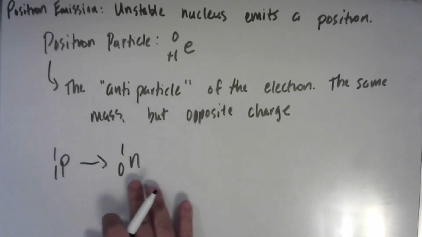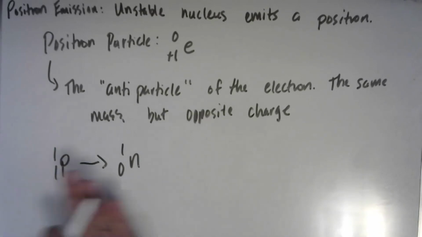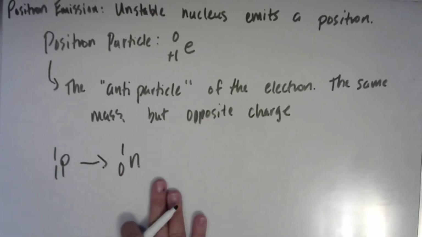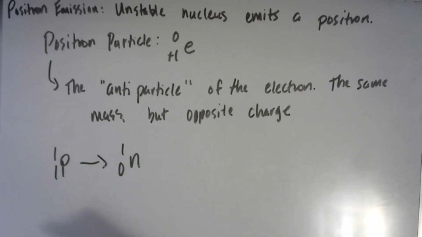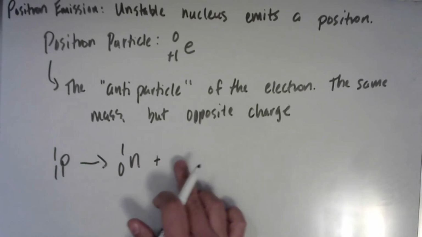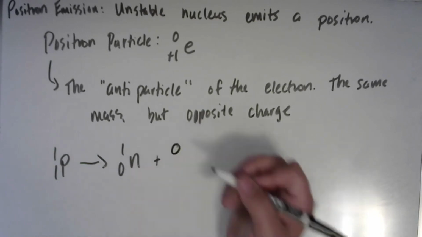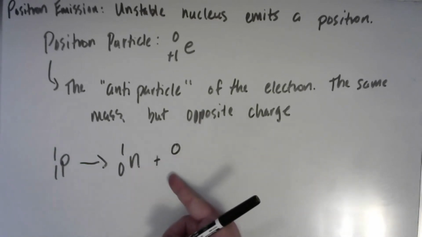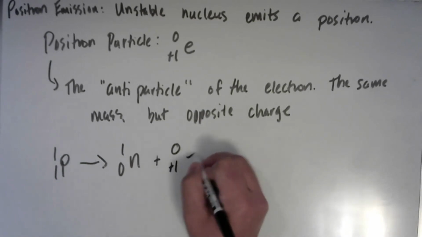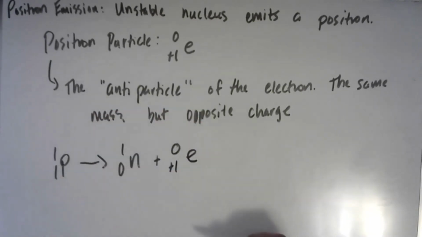And remember that when we add the right and left sides of these nuclear equations together, numerically they have to balance out. So what we're going to be left with on this reactant side is a superscript of 0 and a subscript of +1, which represents our positron particle.